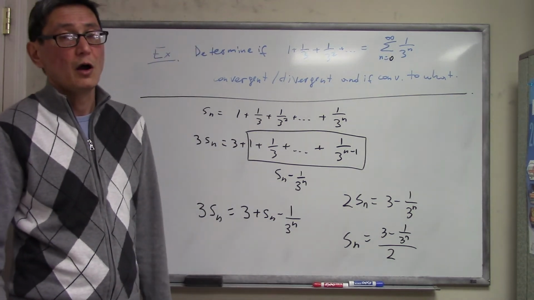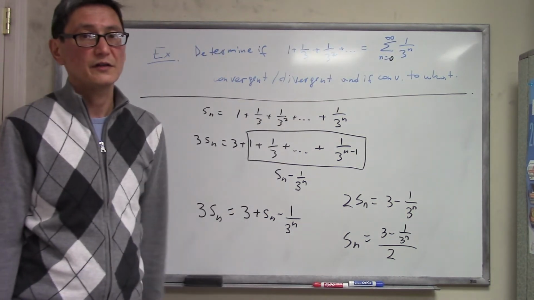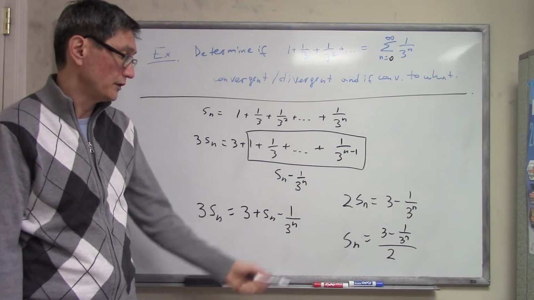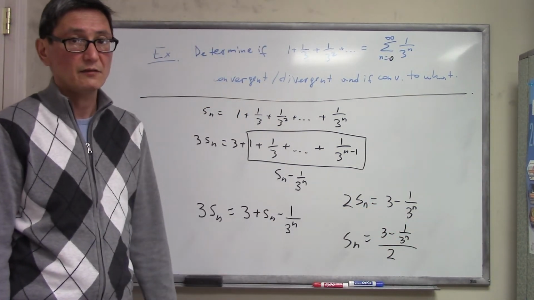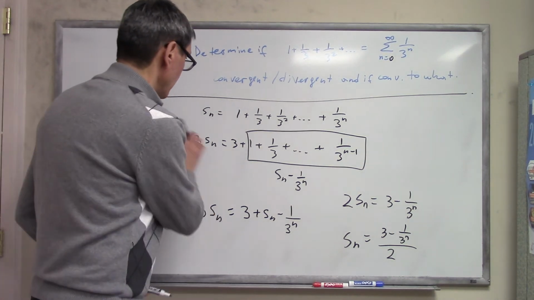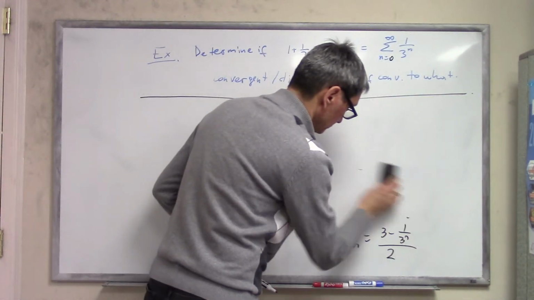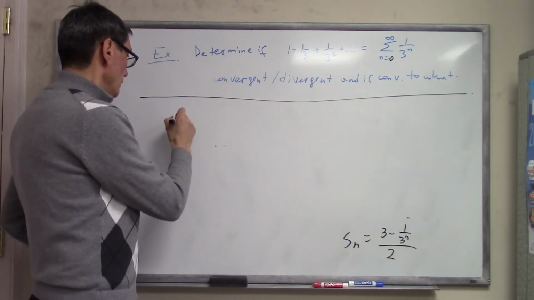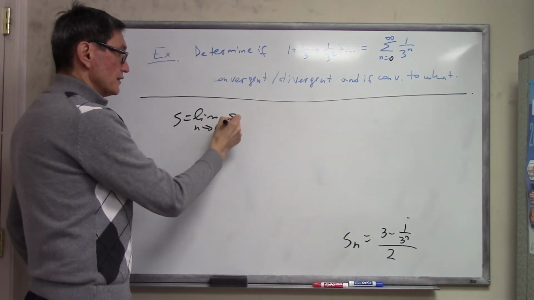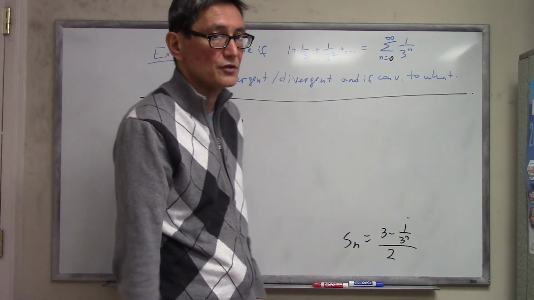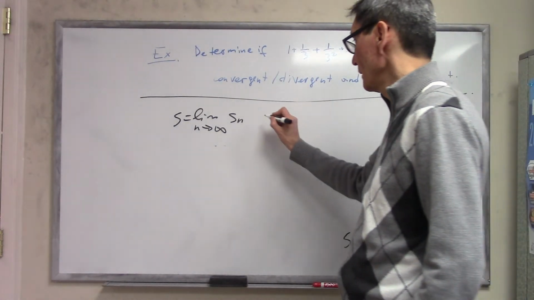And now, to find whether the series converges or diverges, we'll take the limit of this formula and see if we're able to succeed in taking that limit. So S equals the limit as n approaches infinity of Sn. That's how we decided to find the infinite series.